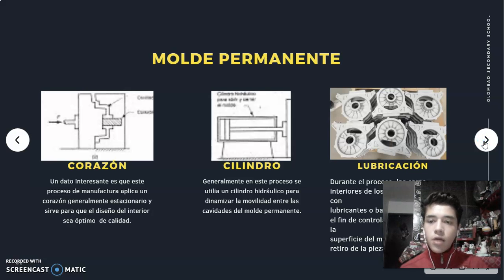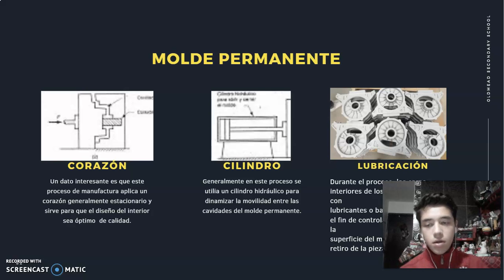So here we have some of the parts of the permanent mold, which is the heart, which I just told you could be a permanent heart or a movable heart, which could be of sand, and a pneumatic or hydropneumatic cylinder, which is going to be moving precisely the height or the width that we need to make our piece.